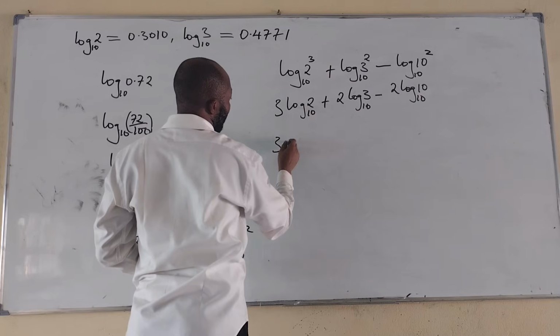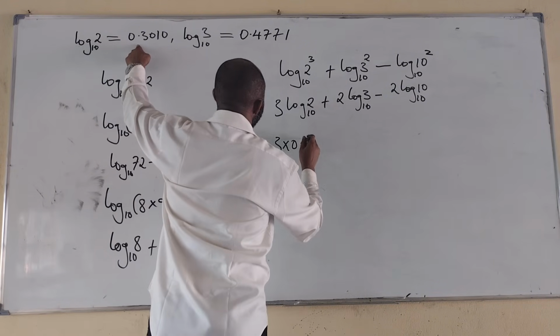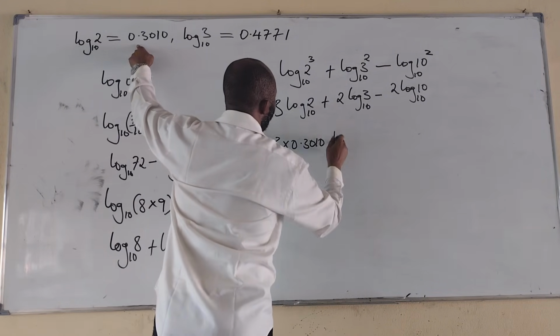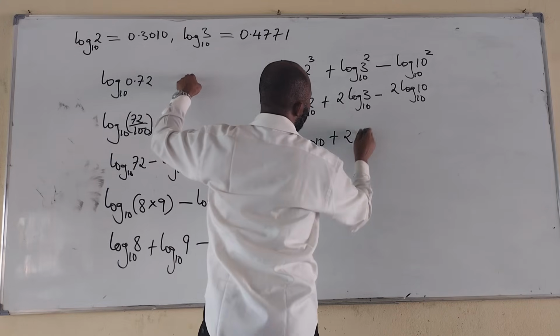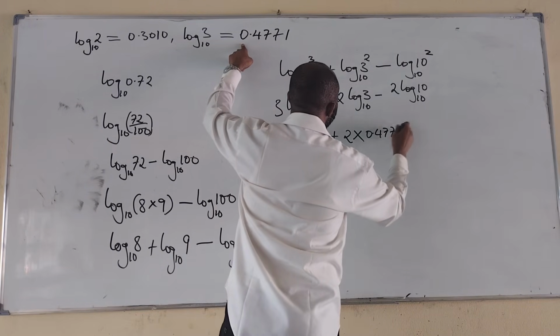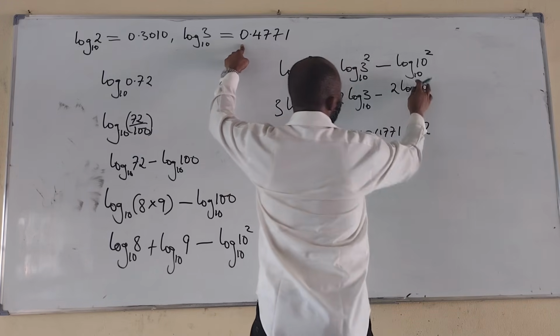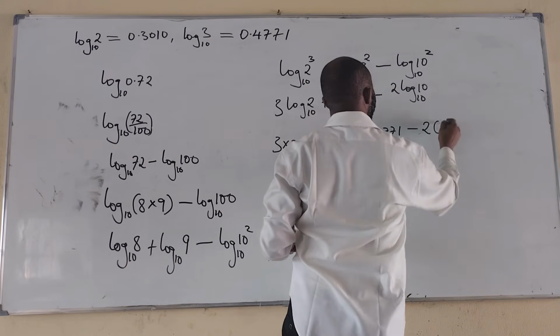Now this is 3 times log 2. I'm substituting now: 0.3010 plus 2 times log 3, which is 0.4771, minus 2 log 10 in base 10, which is 1.